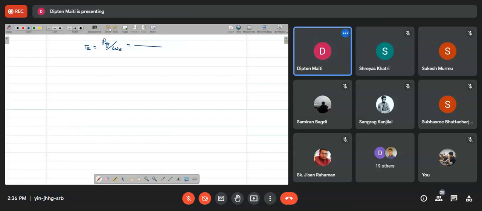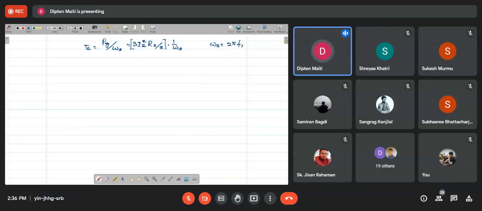Let me write this way. This is the air gap power, and omega is the synchronous speed, as you know, given by twice pi times the stator frequency.